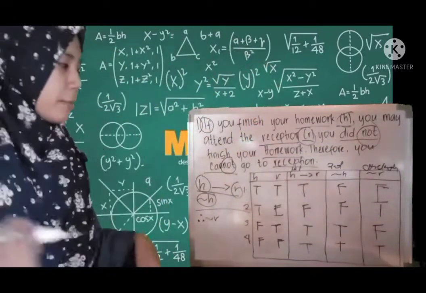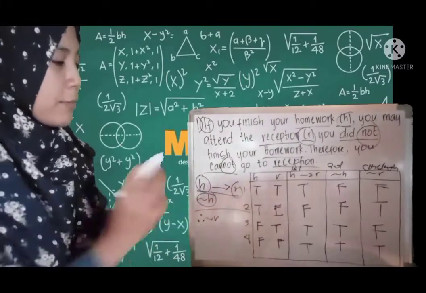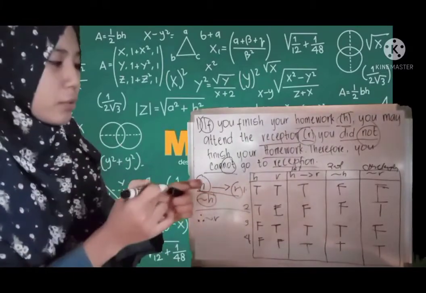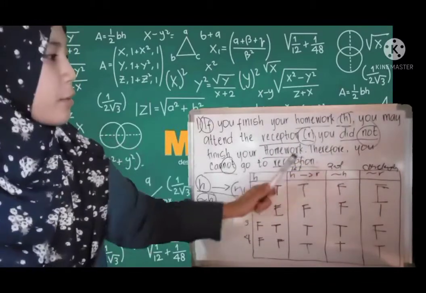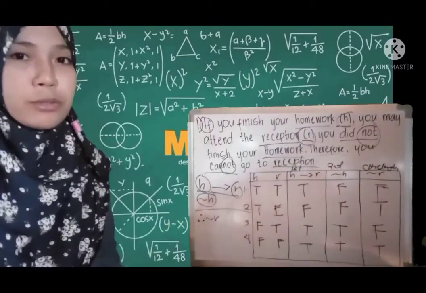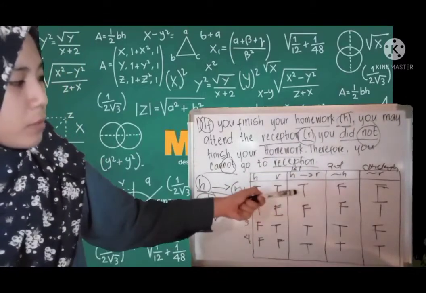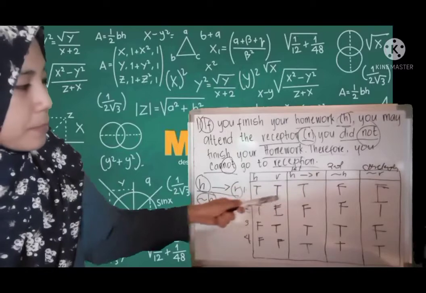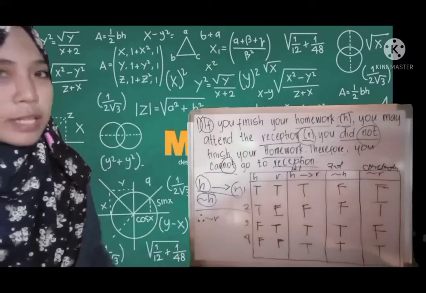So, sa pag-identify natin kung paano natin malaman, kailangan sa first, second, and conclusion, may tatlo tayong true na hahanapin. So, sa first column, sa first premise, true and false. So, hindi natin yan magagalaw.